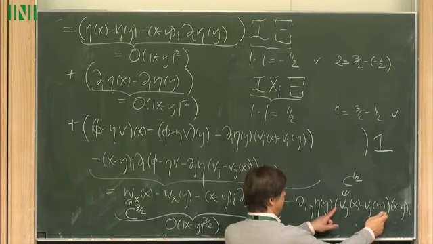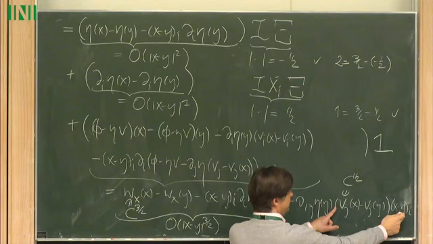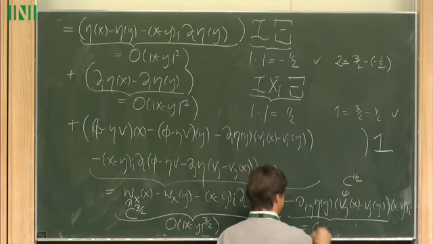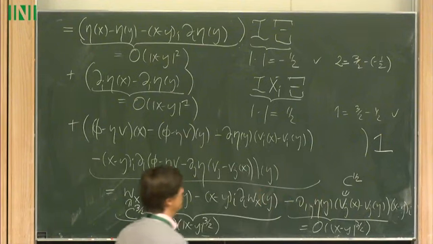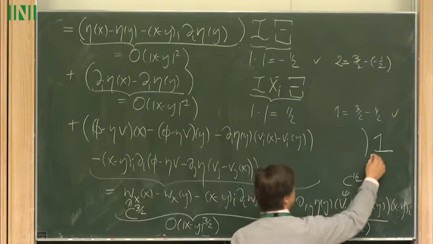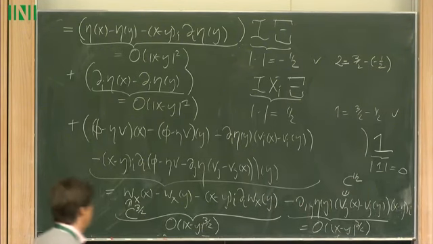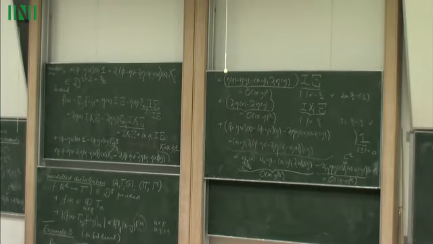So this is of the order x minus y to the power 1/2. This is of the order x minus y to the power 1. So also this term has this behavior. And that's exactly what we need. No more and no less, because the homogeneity of 1 is equal to 0. So we want the exponent 3/2 sitting here. So it all fits exactly.